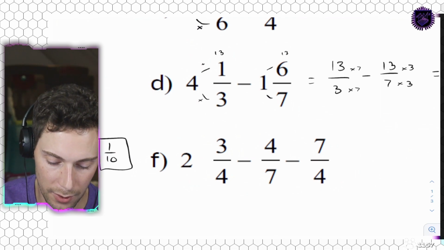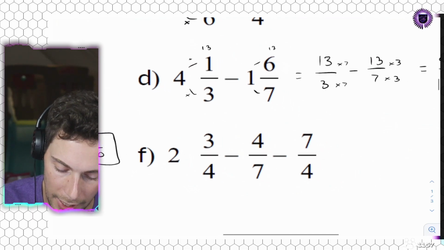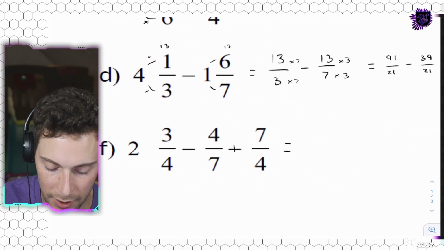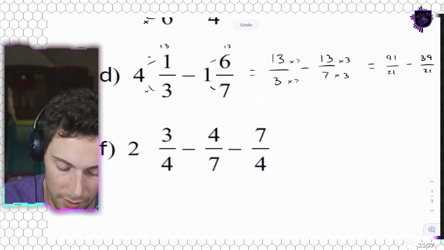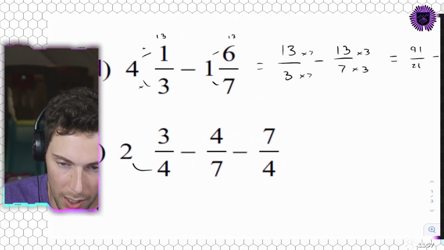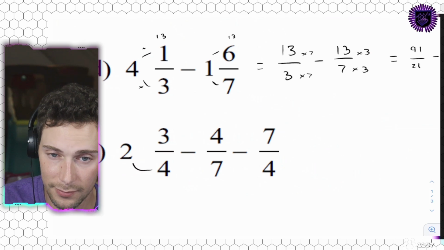All right, so we're going to add these two numbers first. Actually, let's not add those two and just go through it the other way. Let's make it improper.